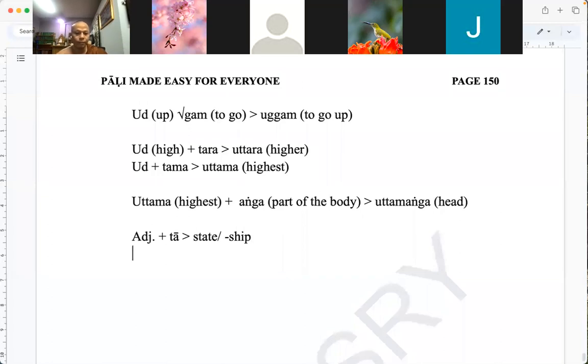For example, kusala means skillful, an adjective. After that, the ta: we have kusalata. That refers to the state of being skillful, skillfulness. The same way here also.